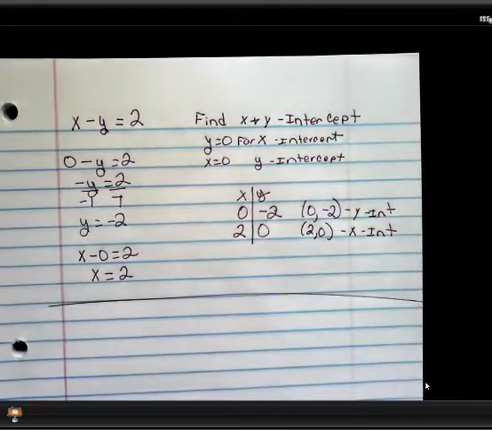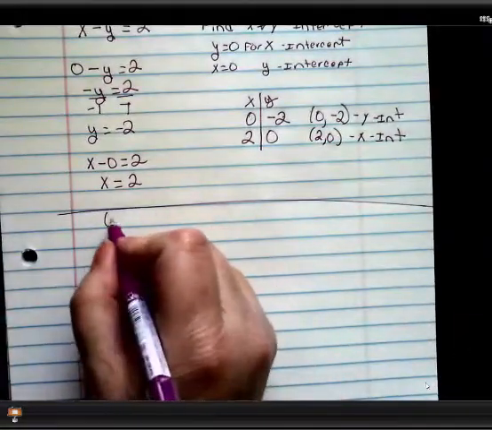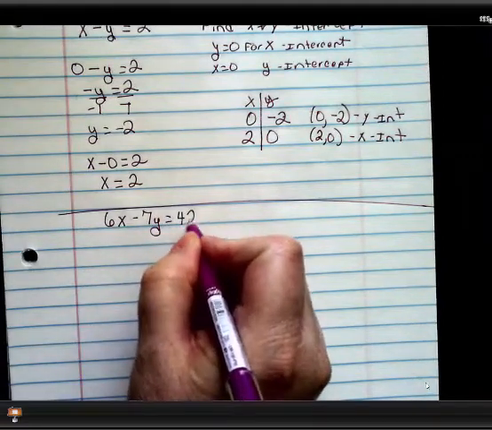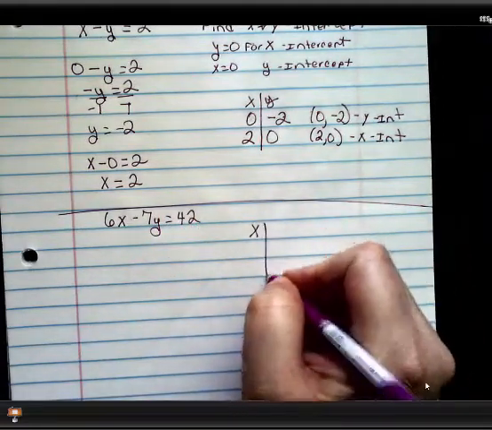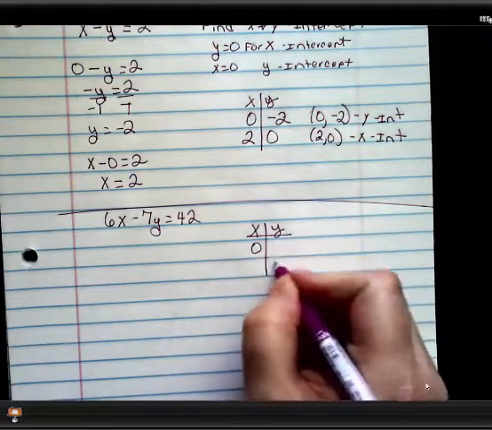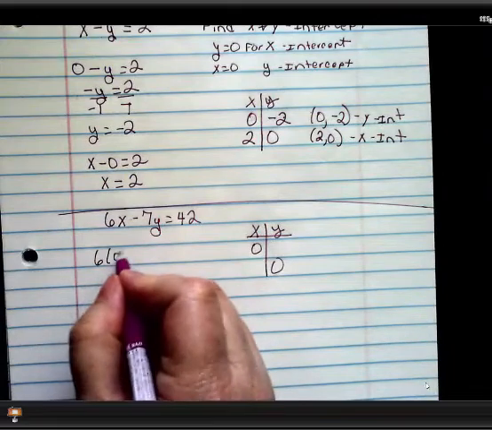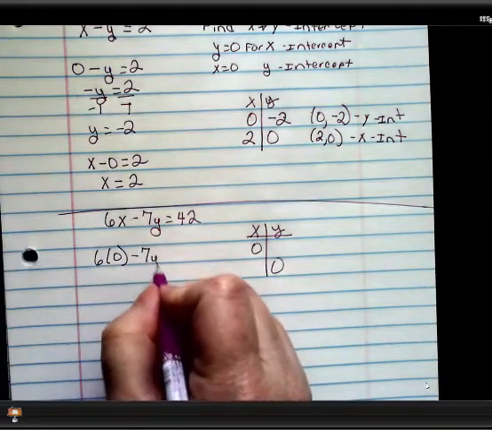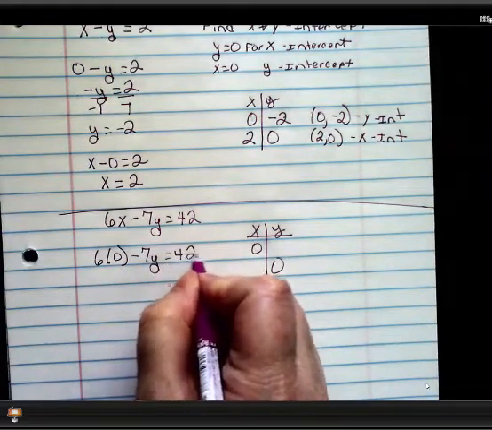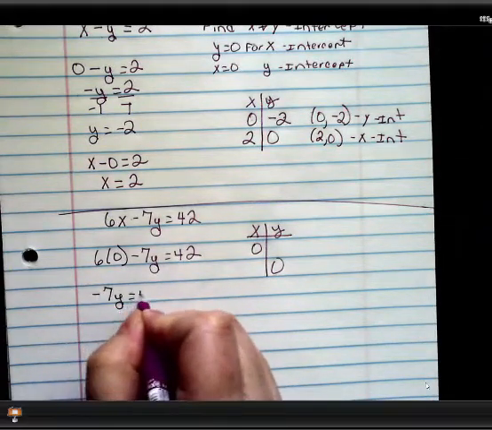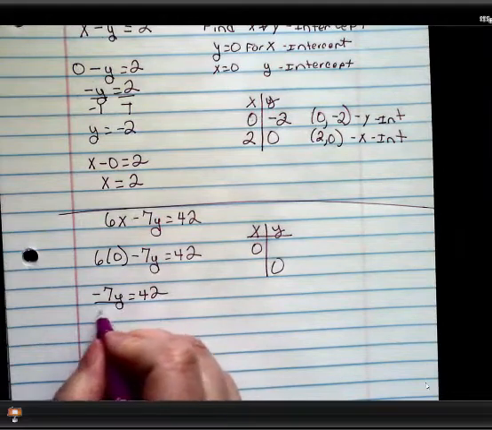Let's try another one of those. 6x minus 7y is 42. Make my little chart. So I'm going to plug in x is 0. 6 times 0 minus 7y is 42 equals negative 7y equals 42.